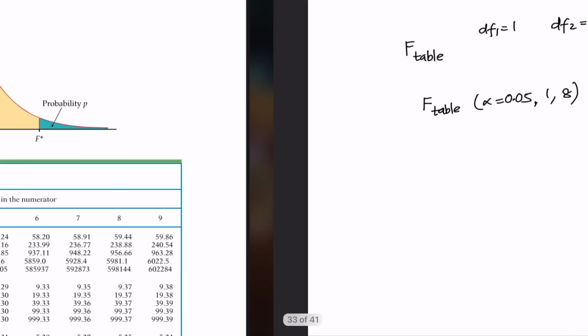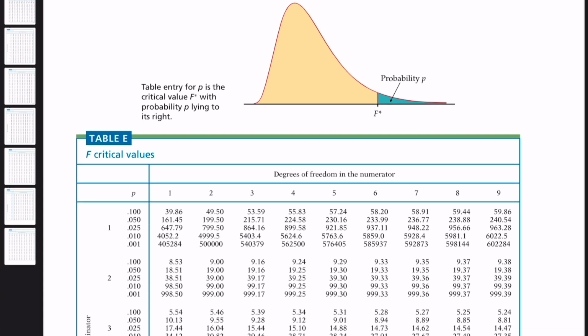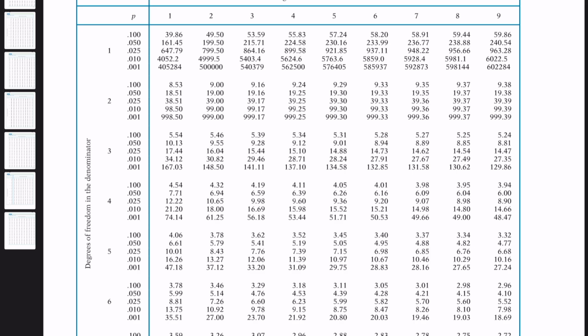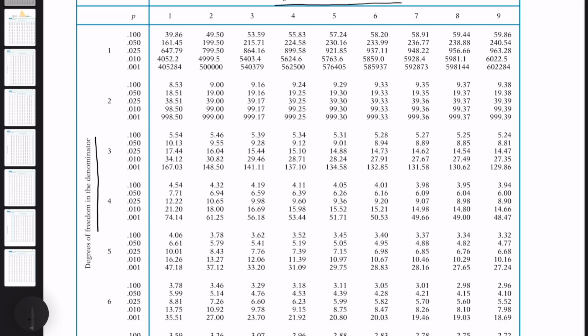So let me go to the table. This is a nice table of the F critical values. Let's try and understand the F table here. You have 2 values to determine: the degrees of freedom in the numerator and the degrees of freedom in the denominator, representing DF1 and DF2.